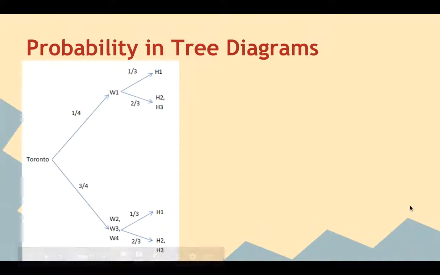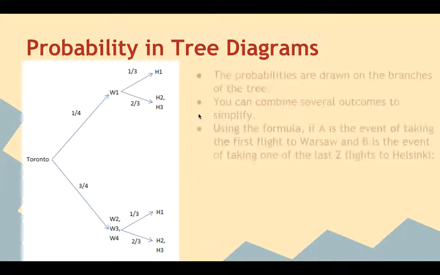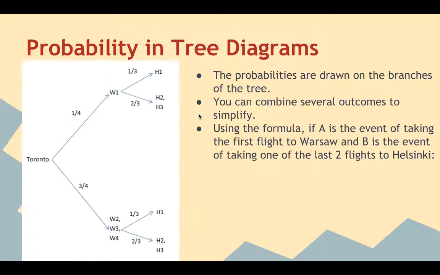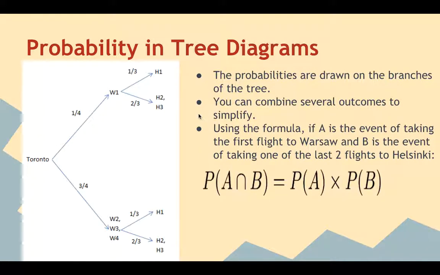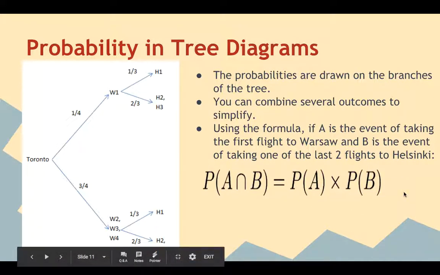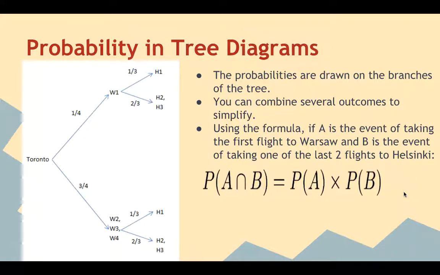So back to Mr. Jordan, we can say if the probability of A is 1/4, 1/4 of the time we're going to take the first flight to Warsaw, and the probability of B is 2/3, we can do that probability by using this formula, with A being the flight to Warsaw, and B being the event of taking one of the last two flights to Helsinki.